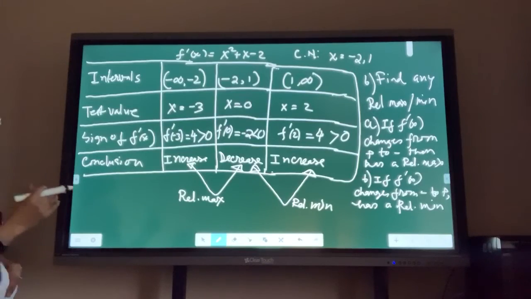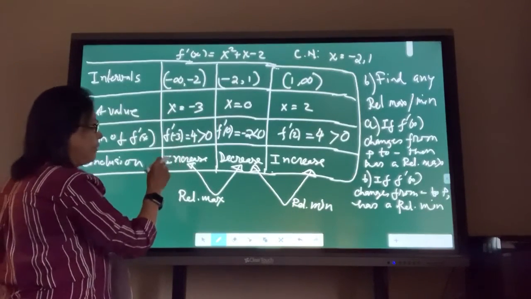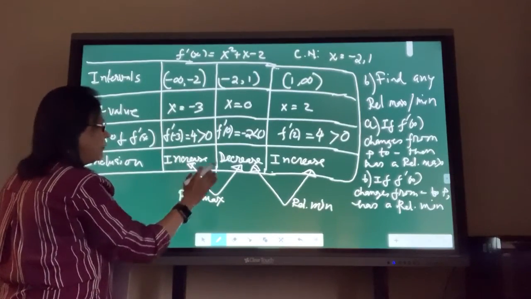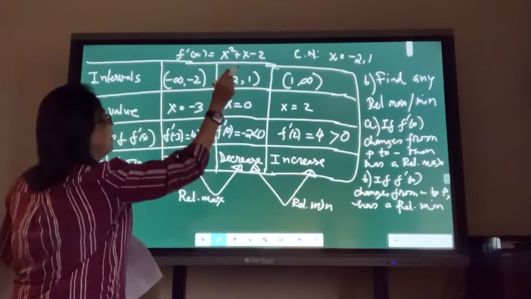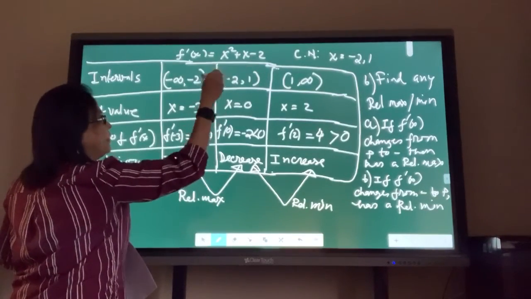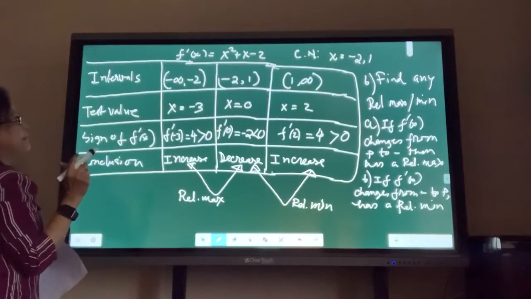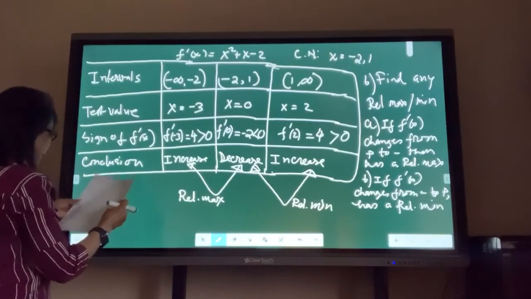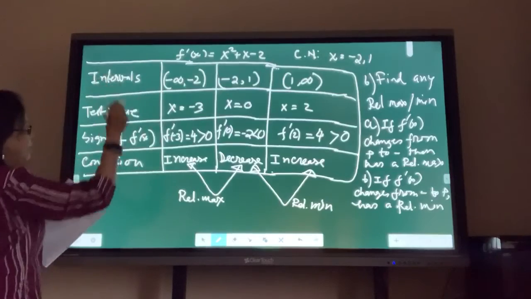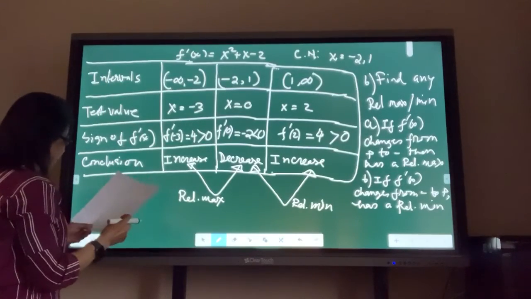And in order to identify the exact location where this graph has a maximum and where it has a minimum, we are going to use the critical values. So when x is negative 2, we will be calculating the value from the original function that was given on the previous page.